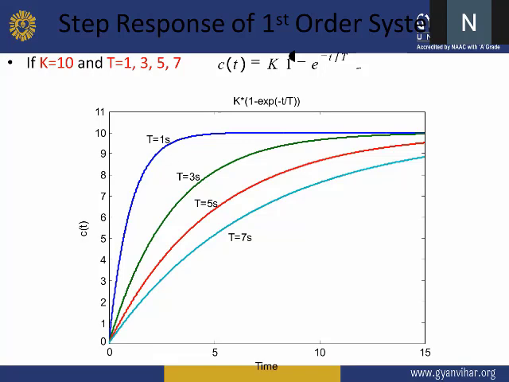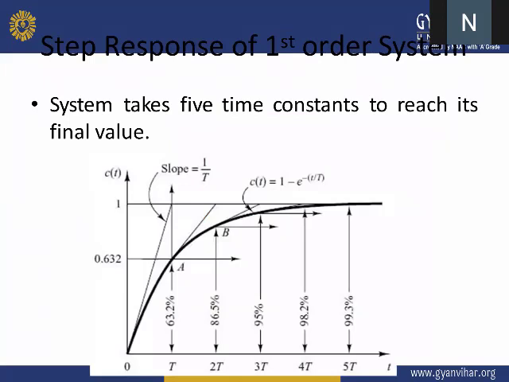But with the increase in the time constant, the errors are also reduced. For the lower time constants, the error is around 63.2%, whereas if you take 5 time constants, 5T, the error has been reduced to almost 0.7% or below. So the accuracy of the system increases, but with a reduction in the settling time.